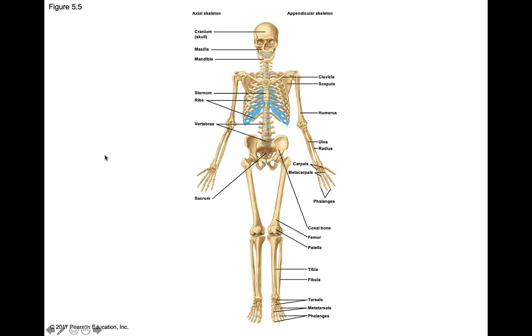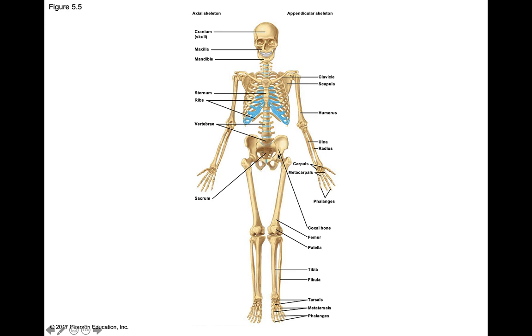Here is an overview of the skeleton itself, and I want to point something out here. We have the axial skeleton and we have the appendicular skeleton. The appendicular skeleton is basically the extremities, the upper extremity and the lower extremity, whereas over here we see the bones that actually make up the axial skeleton. On this side is the appendicular. So we have the bones of the skull, the sternum, the ribs, the vertebrae, and the sacrum.